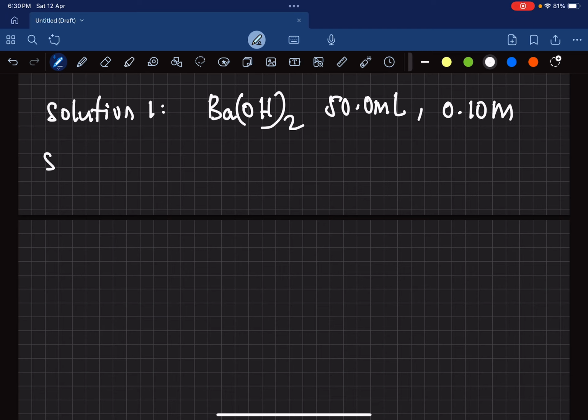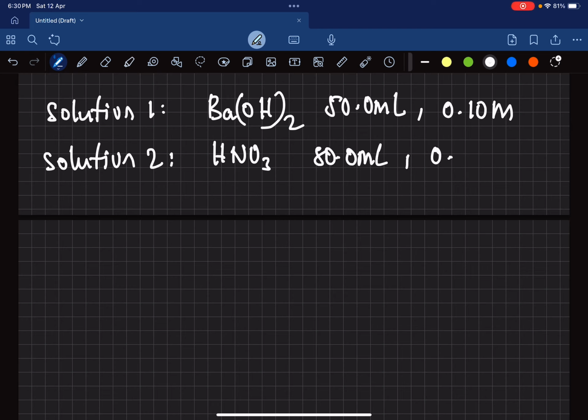And then solution two is, let's say, nitric acid, 80 ml, and let's say this is 0.12 molar.